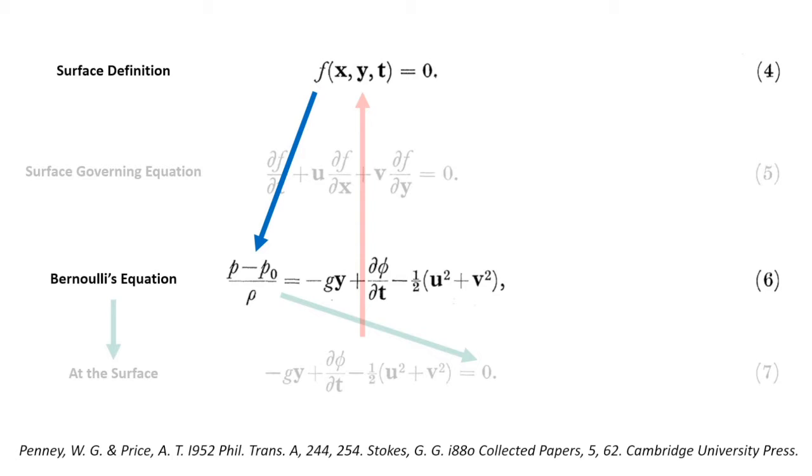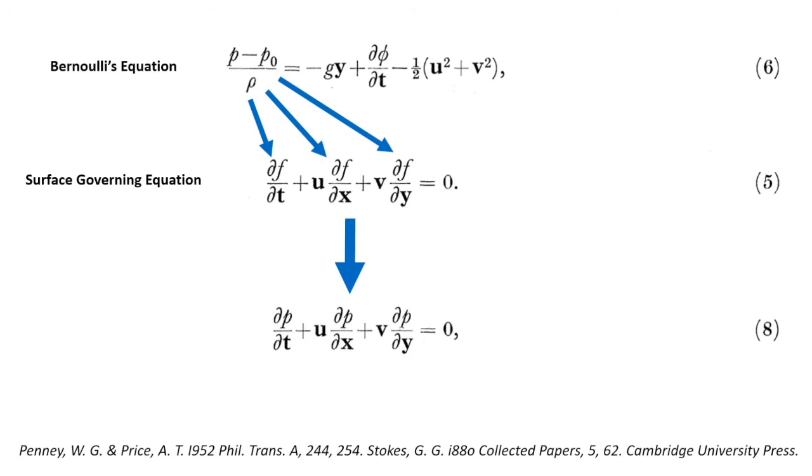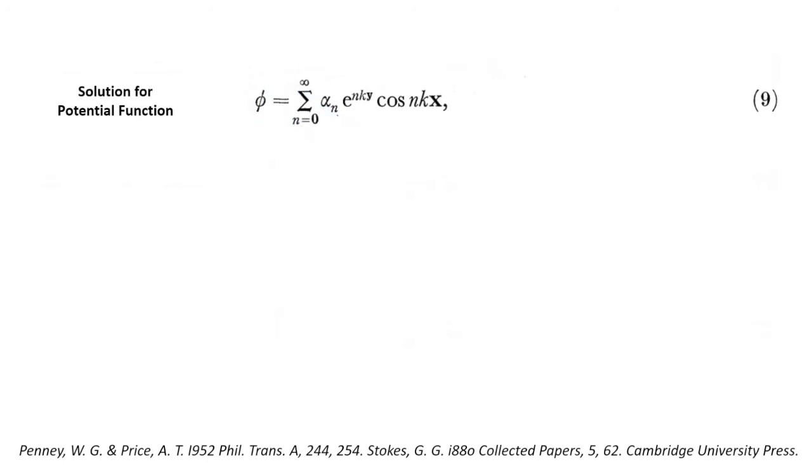We can now plug the pressure into our governing equation for the surface in place of f, giving us a new equation that we can solve. While the actual derivations are beyond the scope of this video, Penny and Price found a solution for both the potential function and the height of the water across the tank.